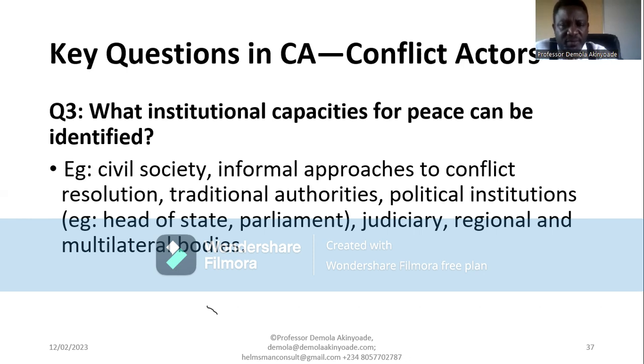For instance, the two leaders, the main actors, may be members of the same ethnic group.